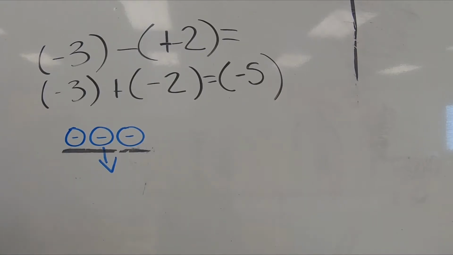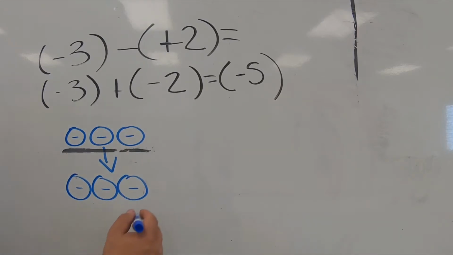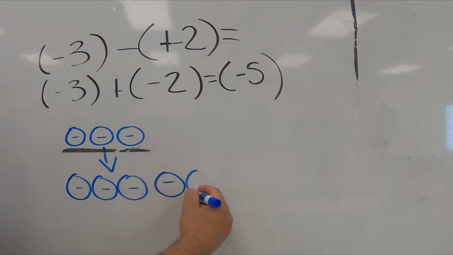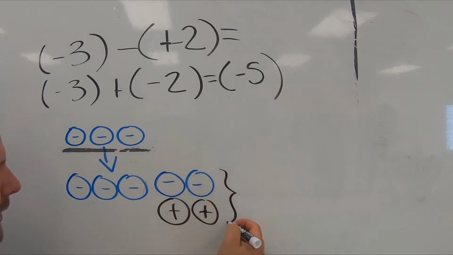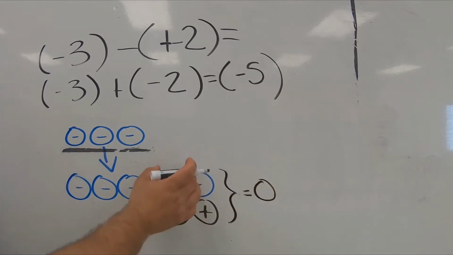When we looked back to our very first lesson, we talked about zero pairs, or adding things to a number without changing the number itself. And I can do that here. So one way I can get 2 positive chips in here is by adding what we call 2 zero pairs. And I'm going to add in 2 zero pairs. Now these zero pairs technically equal 0 because they cancel each other out.